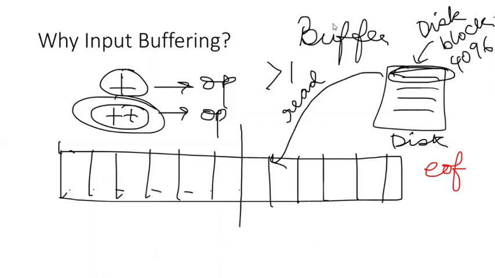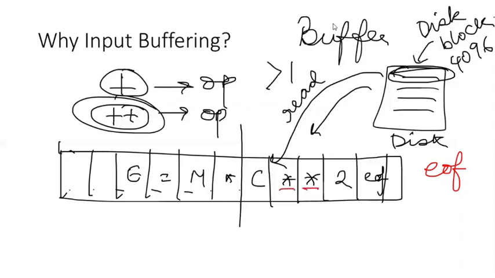As the data is read from the hard disk to the buffer, it will store the characters something like this. This is our statement E equal to MC square. Now you see this symbol, star star.